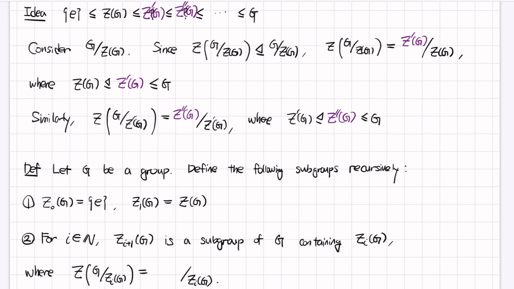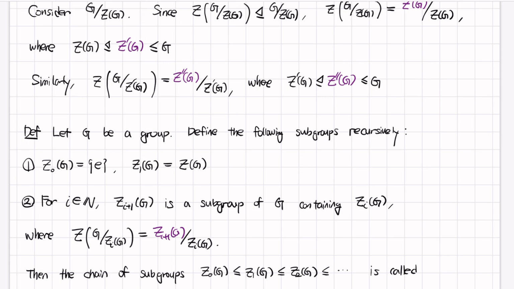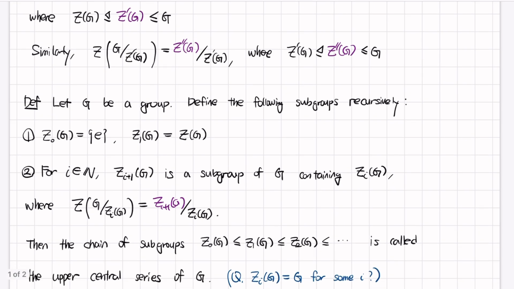We're going to start with Z0 of G, which is going to be the identity subgroup, and Z1 of G as the center of G. And then for any natural number i, we're going to define Zi plus 1 of G as a subgroup of G containing Zi of G, where the center of this quotient group G mod Zi of G is going to be equal to Zi plus 1 of G mod Zi of G. So now we have the chain of subgroups from the smallest one, Z0 of G. And this chain of subgroups is called the upper central series of G.